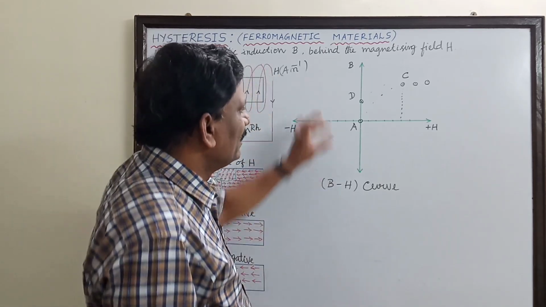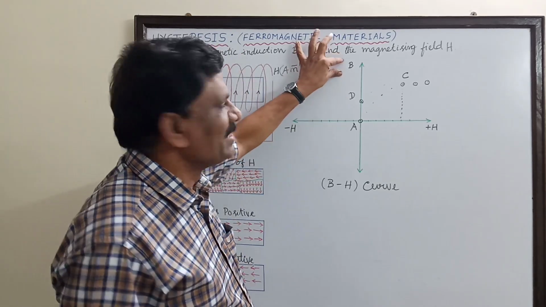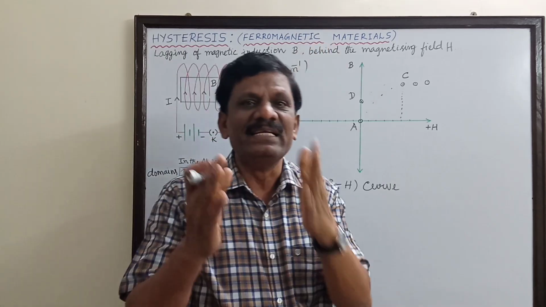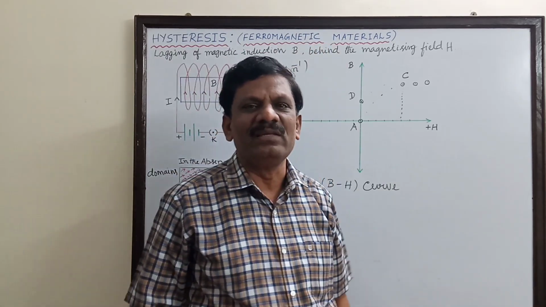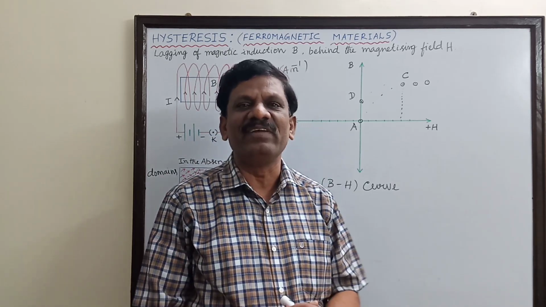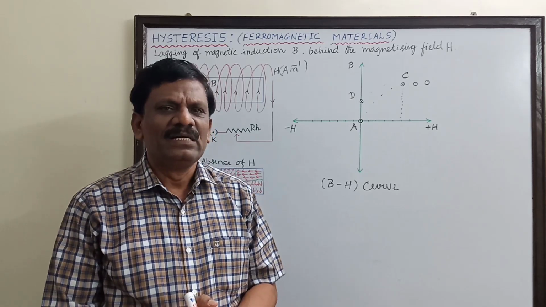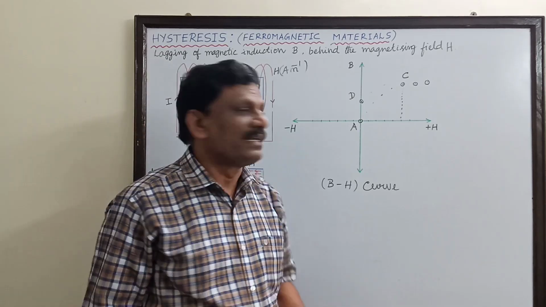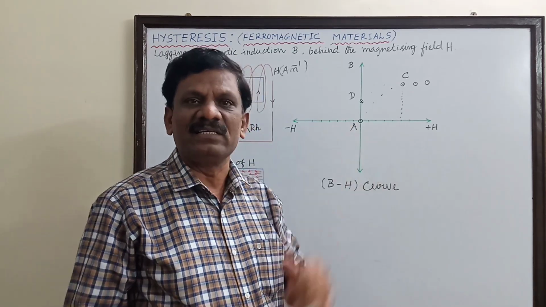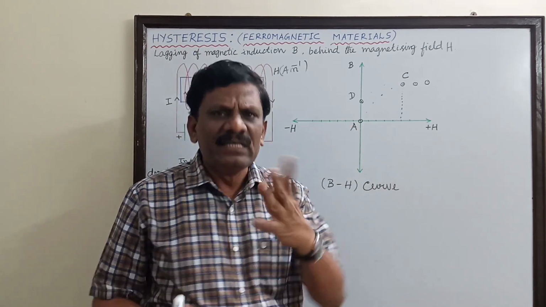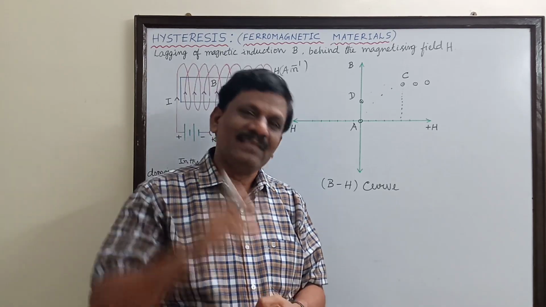That means this portion AD is positive. That is the B. The magnetic induction is still remaining inside the sample even after the external magnetizing field has become 0. It's wonderful, is it not? Even after the external magnetizing field, which is the cause for the induction, has become 0, the effect has not become 0; it is still remaining inside.